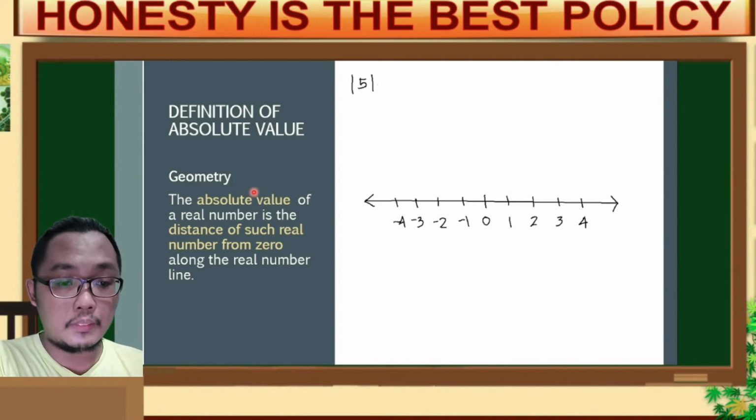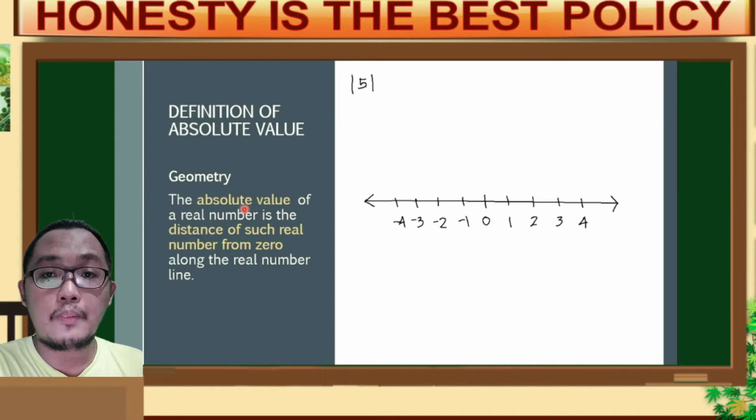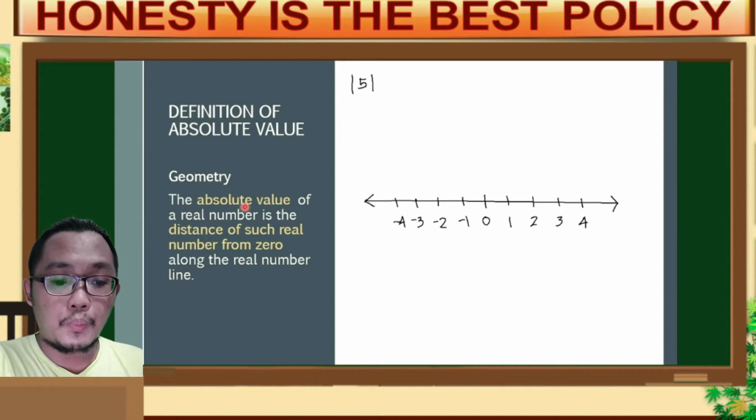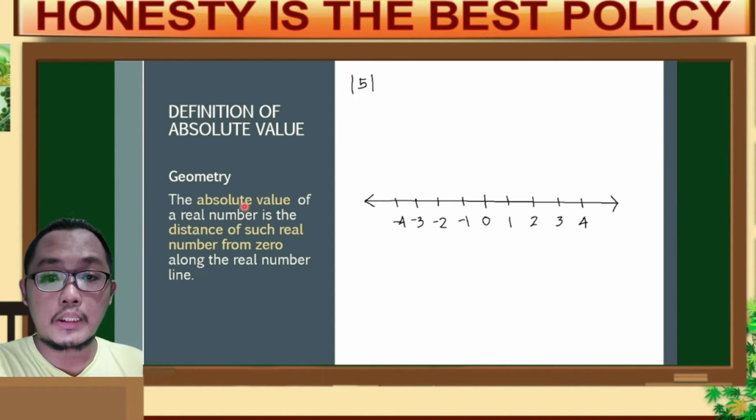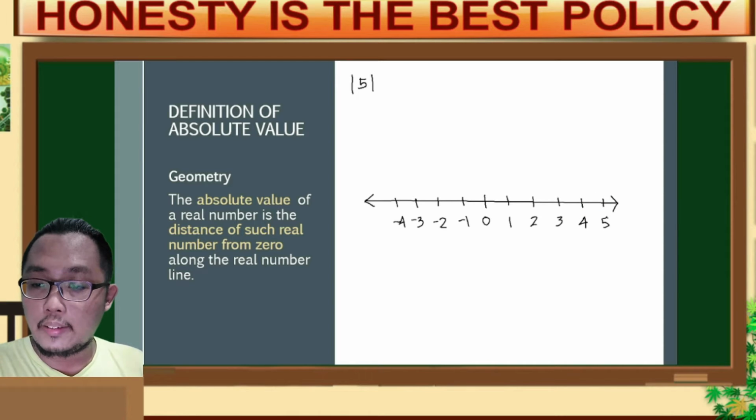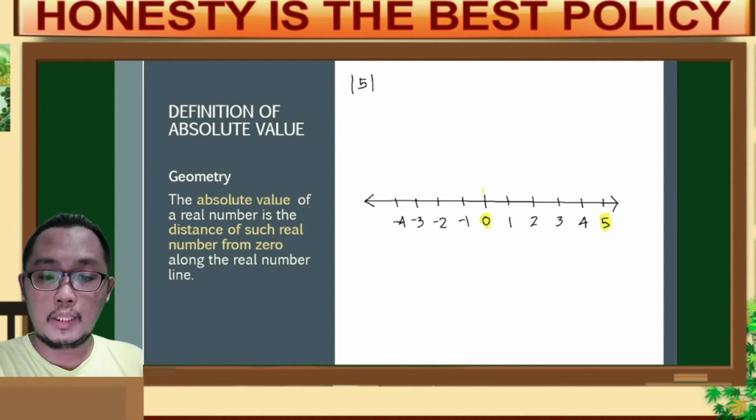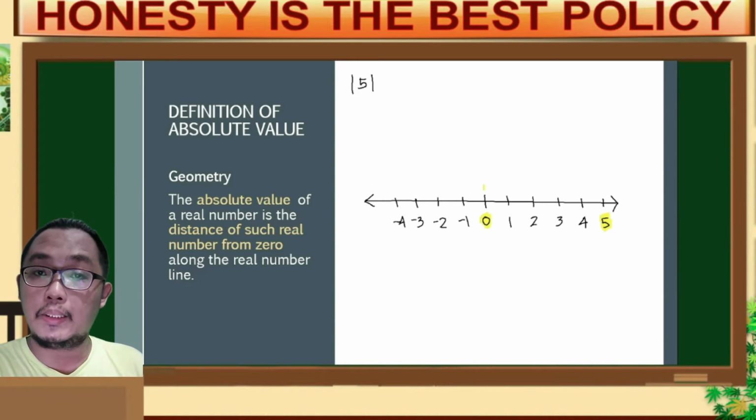So based on the definition of the absolute value, we have to locate first the positive 5 on our number line. So 5, and here is our positive 5. Next, let us locate the 0 here. And now we merely have to count the number of unit distance between the 0 and the positive 5.